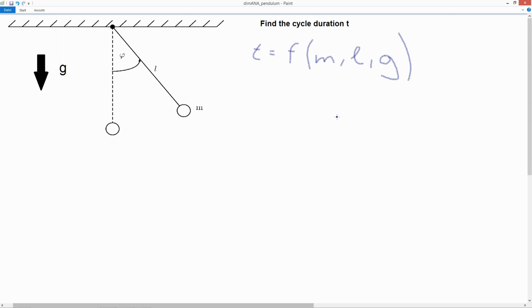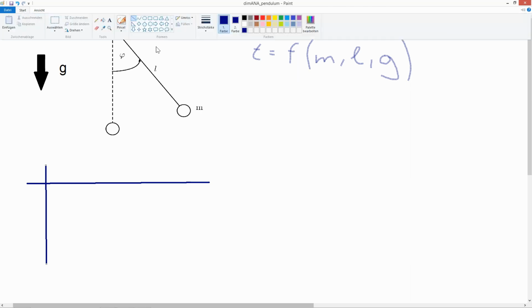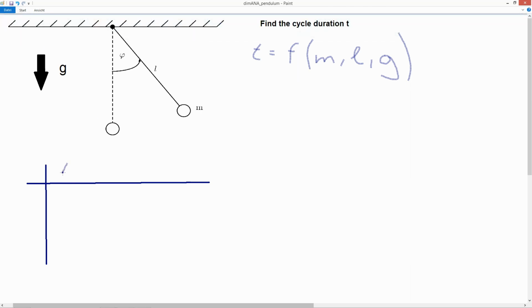Now we will write all these quantities m, L, and g together with t in a table, like that. So we have t, m, L, and g.